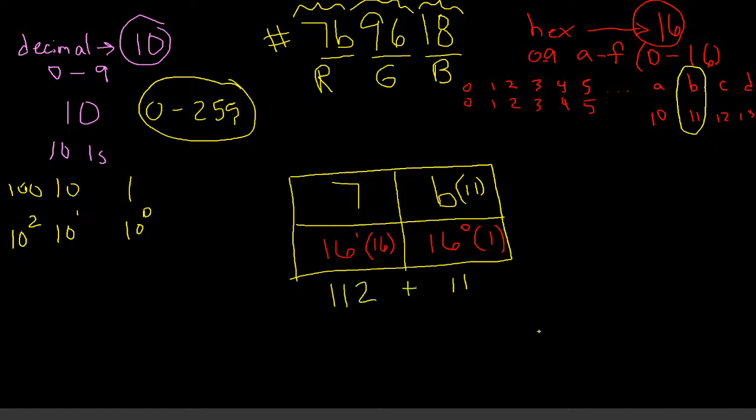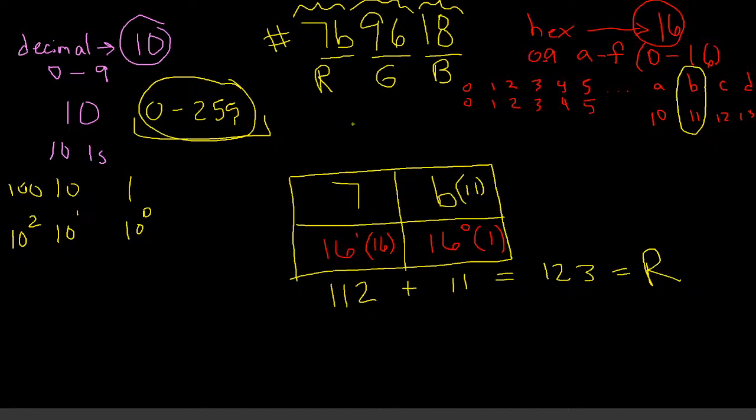Then we add these numbers together, and that gives us 123. So the red intensity value, which falls somewhere between 0 and 255, is 123. Our red light is shining at an intensity of 123.